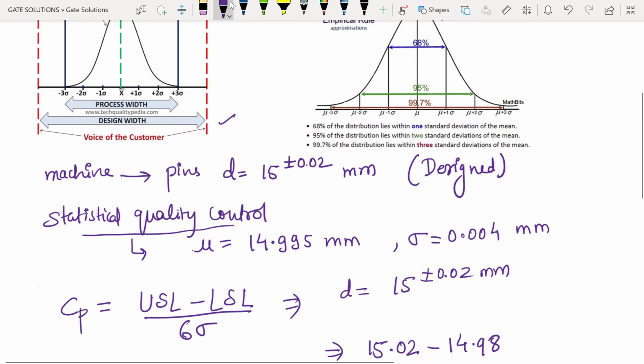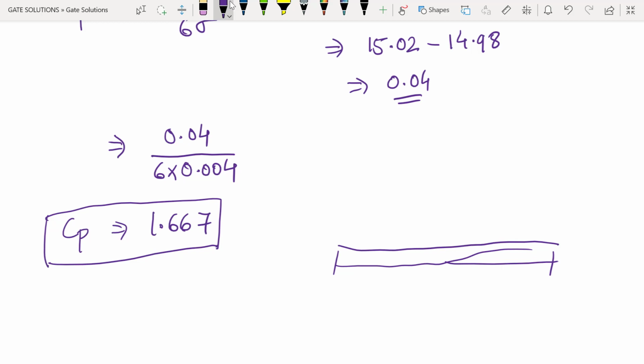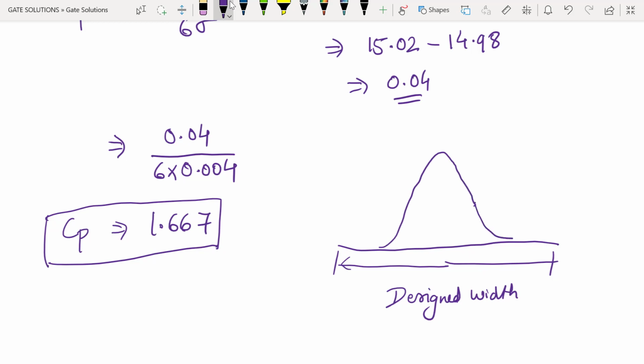Now let us try to understand what is meant by a Cp of 1.667. Here the design width is constant. This is the design width, and this is the normal distribution curve of the process data with some mu.